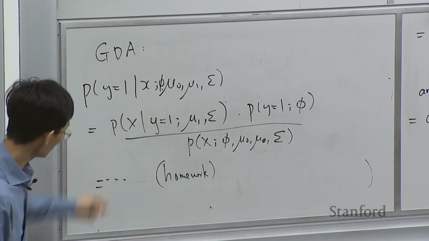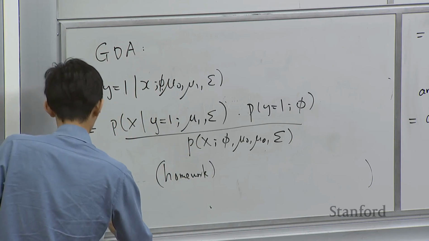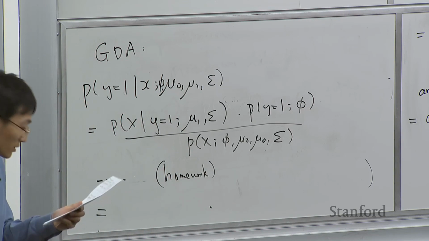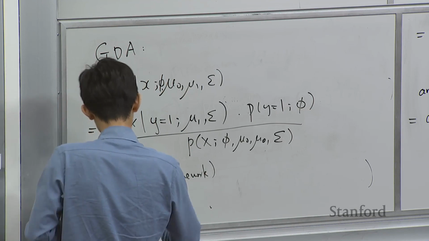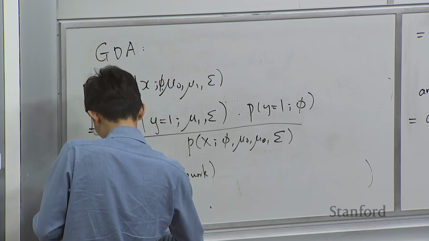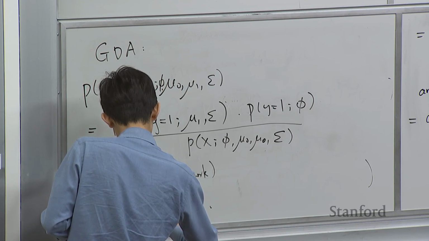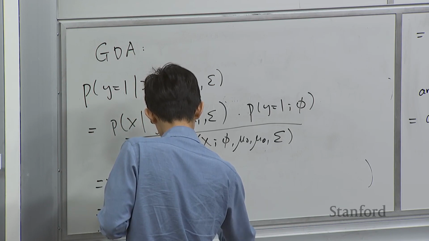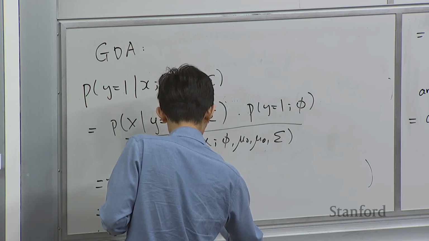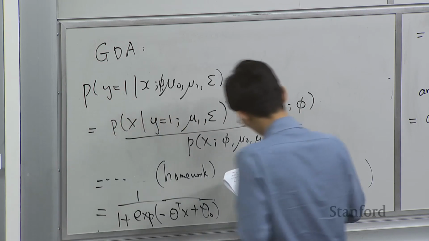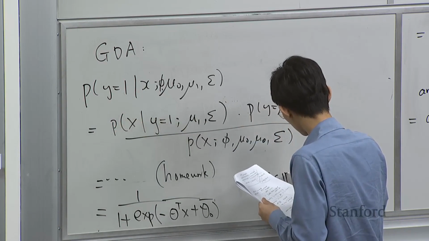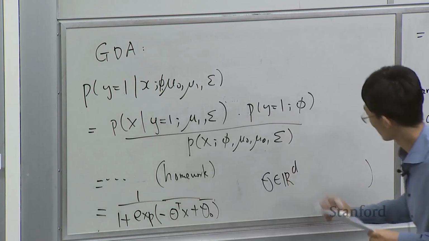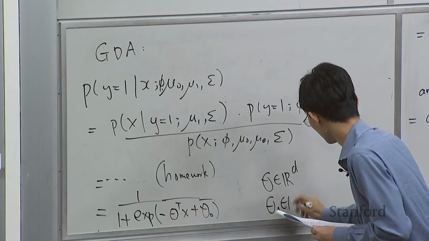What you find out is that this has a relatively simple form: 1 over 1 plus exponential of minus (theta transpose x plus theta 0), where theta is in R^d and theta 0 is a scalar.